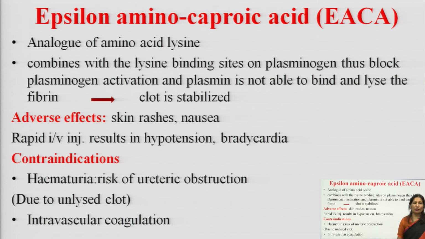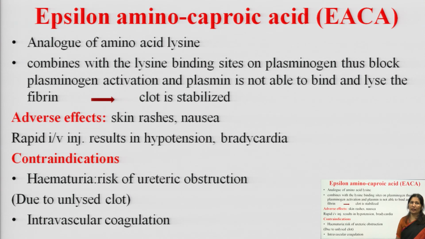It is an analog of the amino acid lysine. It combines with the lysine binding site on plasminogen and thus blocks plasminogen activation, so plasmin is not able to bind and lyse the fibrin. So, the clot is stabilized in this.